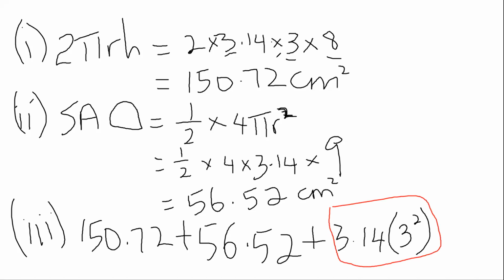No, so where did you get that from? 3 is the radius, right? And then you add 3.14 for the pi. But why do you do that? Because that was the given pi. That's the area of the circular base.